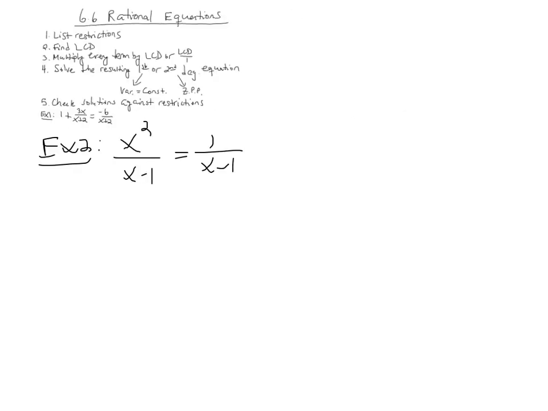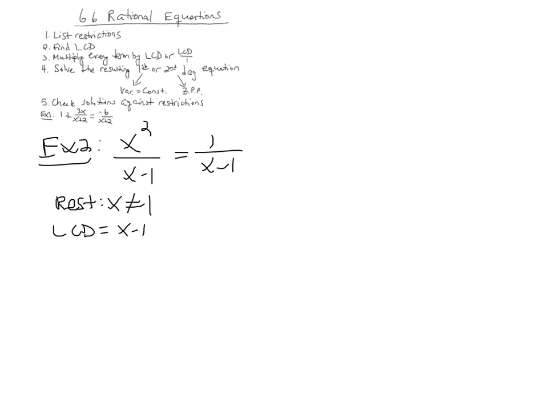All right, algebra scholars, here is a second example, and I've copied our rules over so we have them to look at. So step 1 is to list any restrictions, and we see that if x were 1, we'd have division by 0, so x cannot be 1. The LCD is also pretty clear.